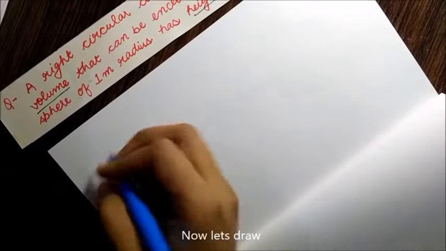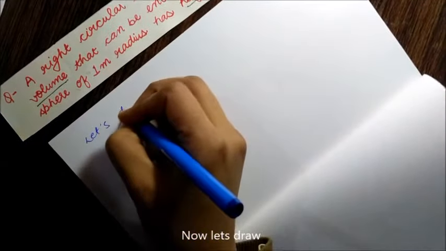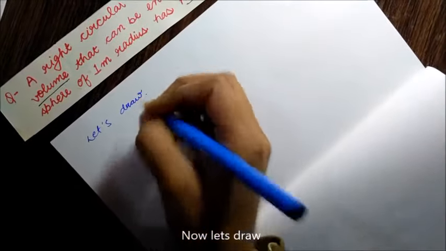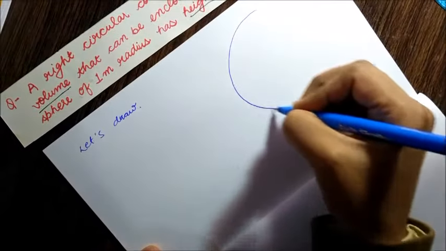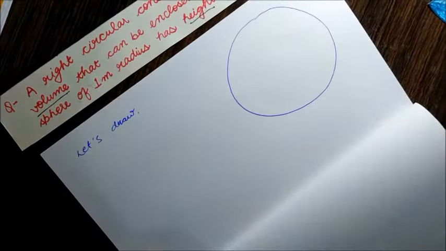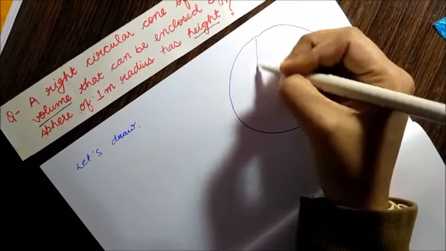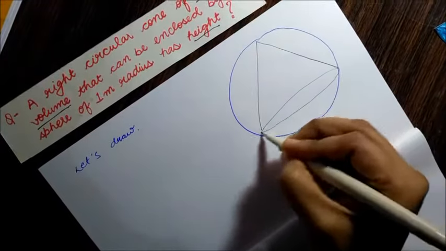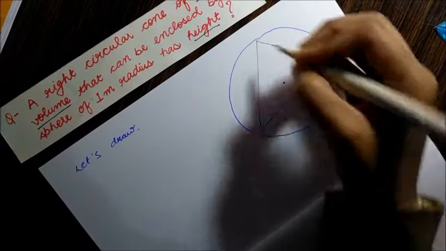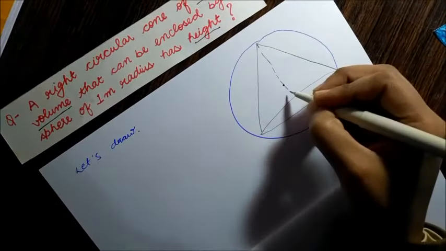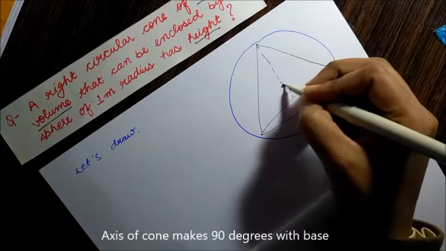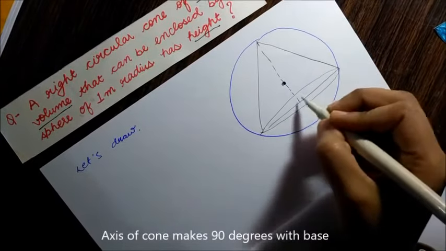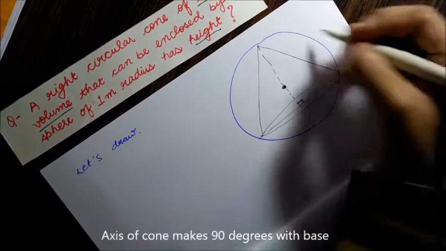So now let's draw the figure. We will take a sphere. Now we'll inscribe a cone which is right circular. This is the center of the sphere, and the axis of the cone makes 90 degrees with the base.